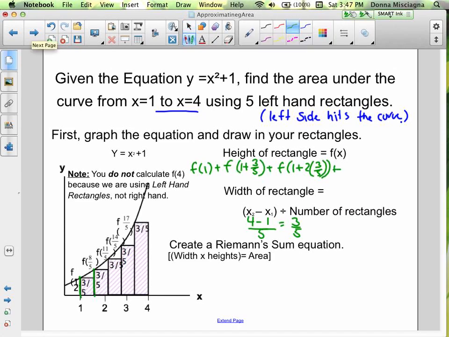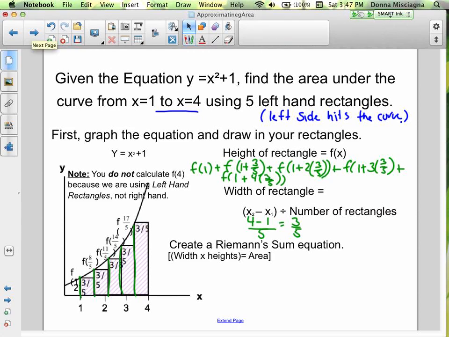So we keep on going. We've got 1, we've got 1 plus 2 times 3/5, now we need 1 plus 3 times 3/5, plus f of 1 plus 4 times 3/5. Right, so those are all the heights of our rectangles.